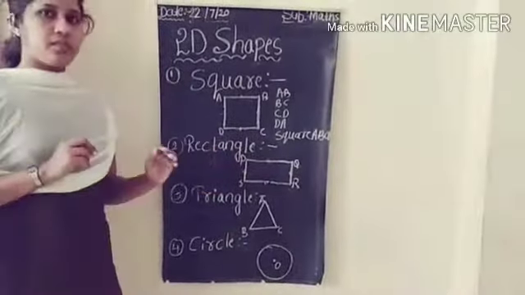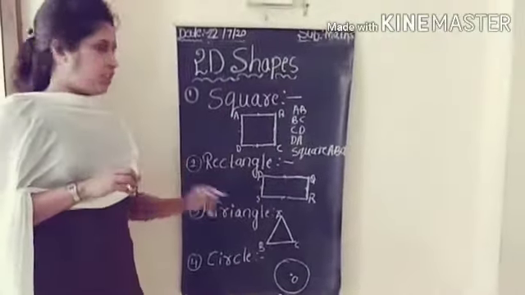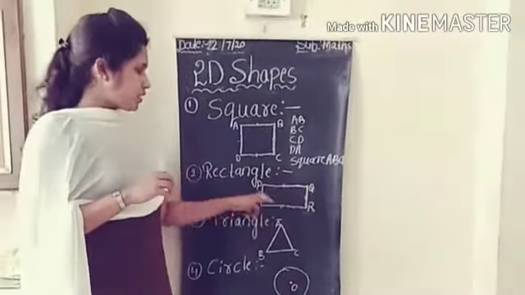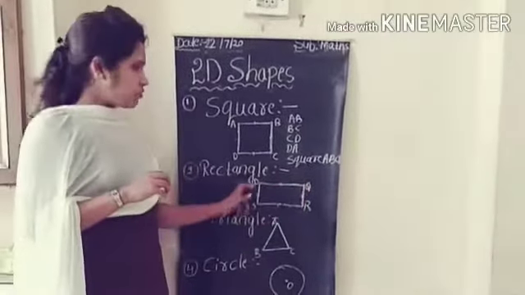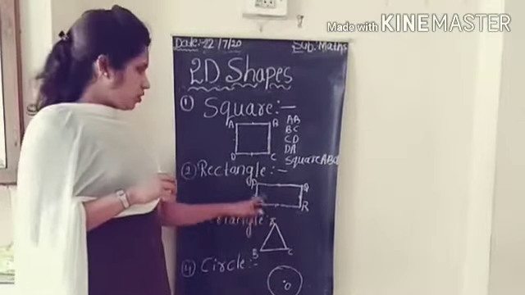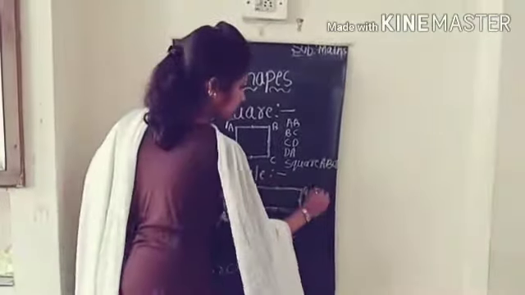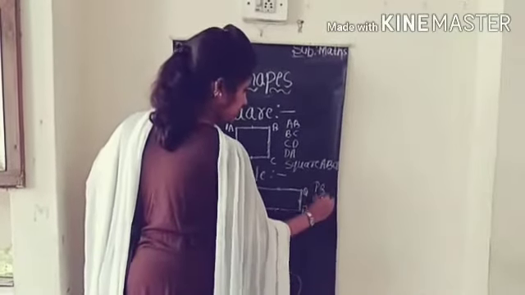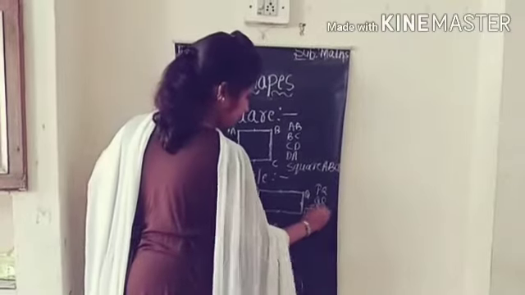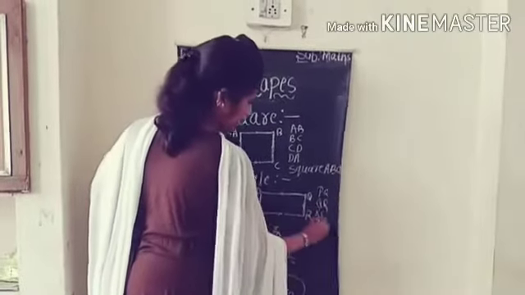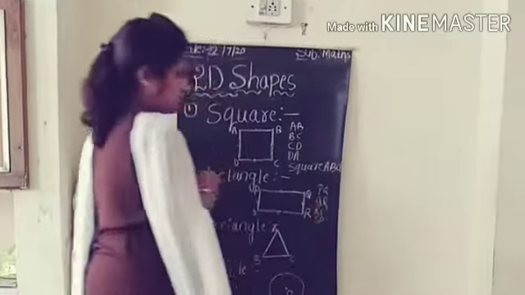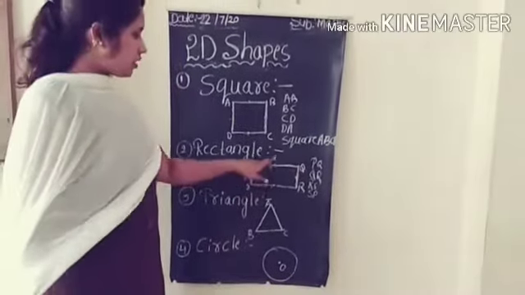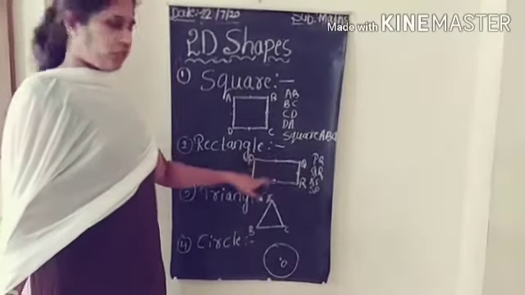What is this? Rectangle. It has 4 straight lines as sides. They are PQ, QR, RS and SP.